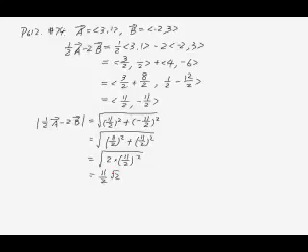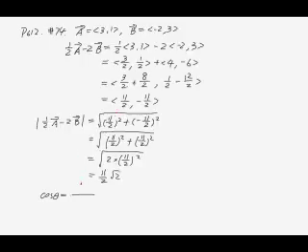Then let's try to find the direction angle. So let's first find cosine theta. Cosine theta is equal to the x component of this vector divided by the magnitude. The x component is 11 over 2.